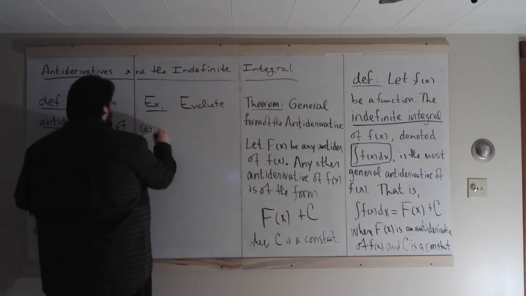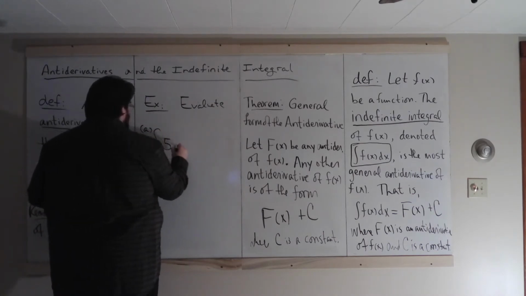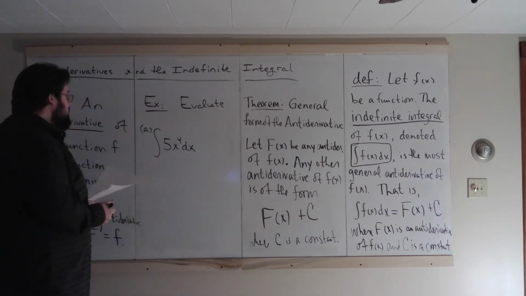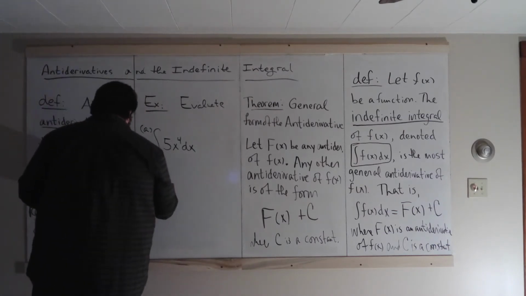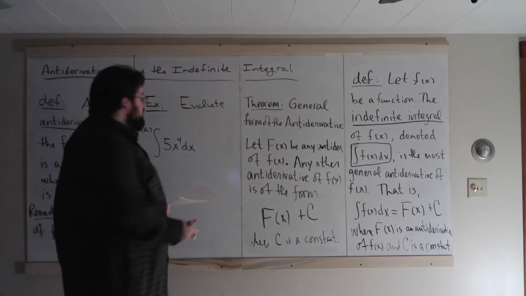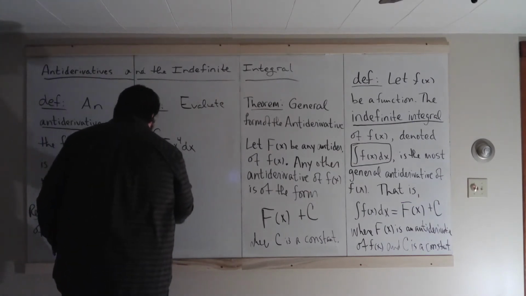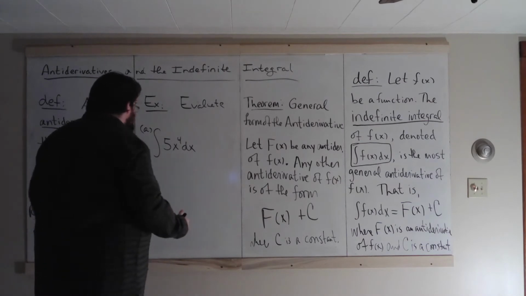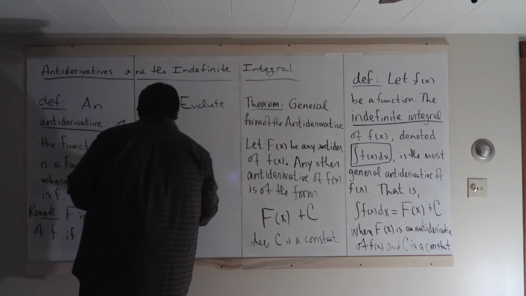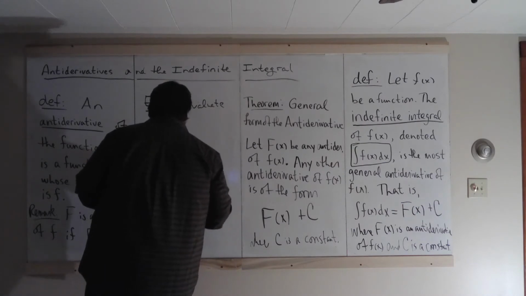Evaluate, part A, the integral of 5x to the fourth with respect to x. With respect to x just means x is our variable, kind of like in the dy dx notation, which means we're differentiating with respect to x. And part B, the integral of cosine of x dx.